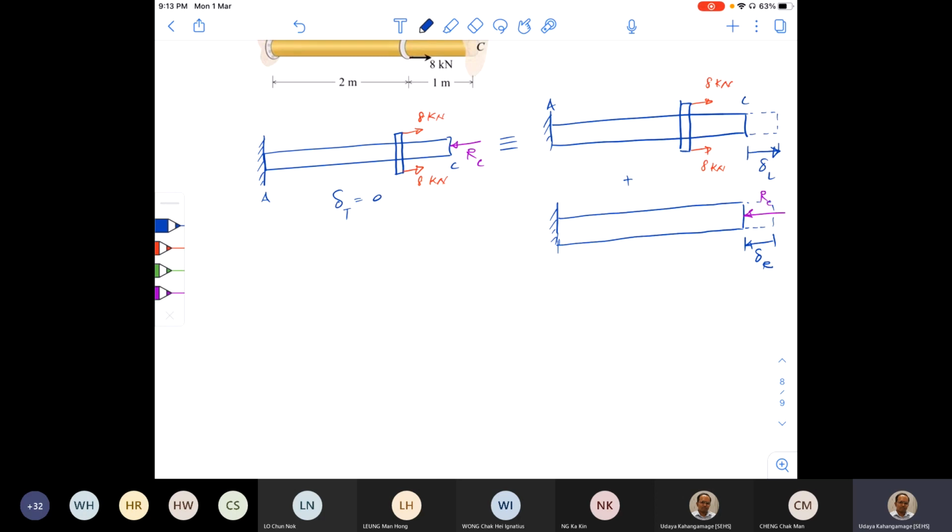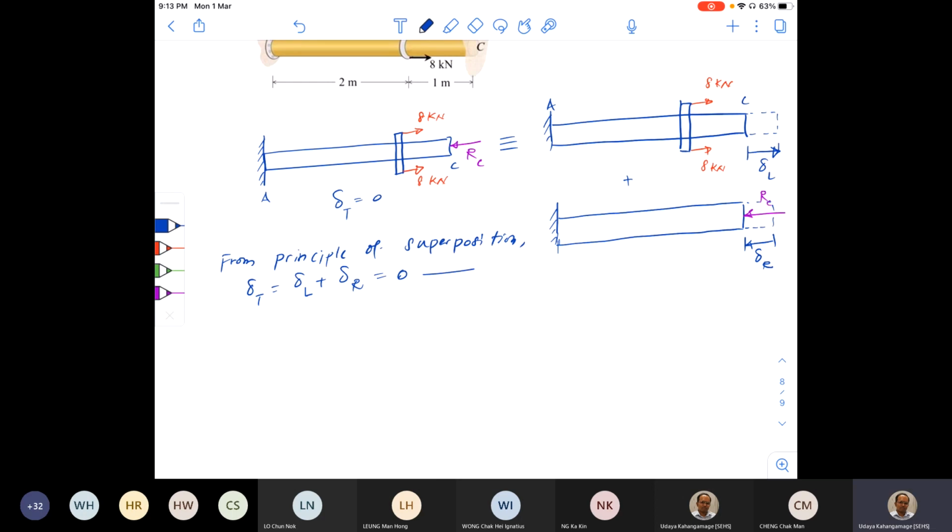Okay. So you can say from the principle of superposition, delta T should be equal to delta L plus delta R, and this should be equal to 0.